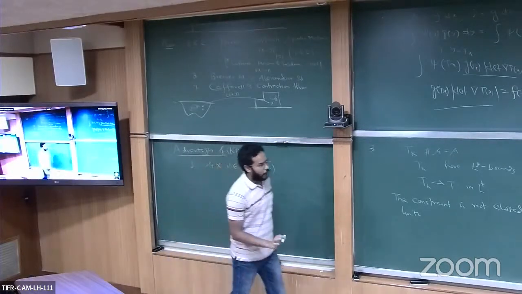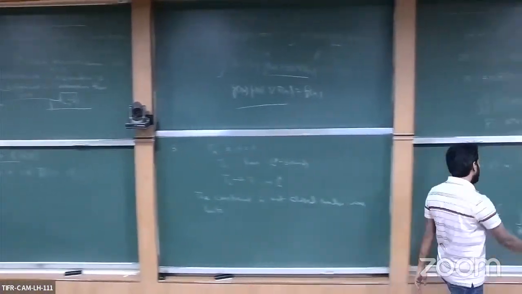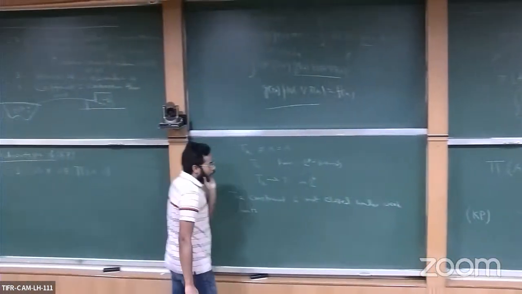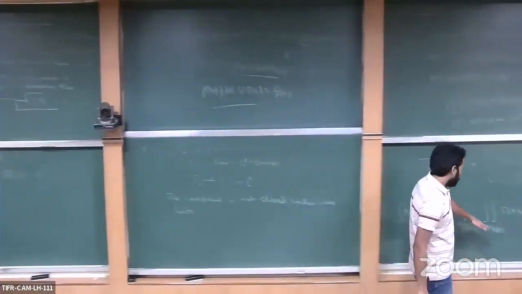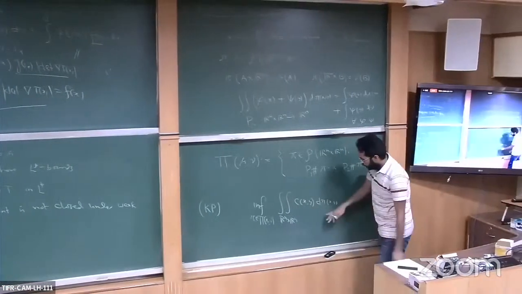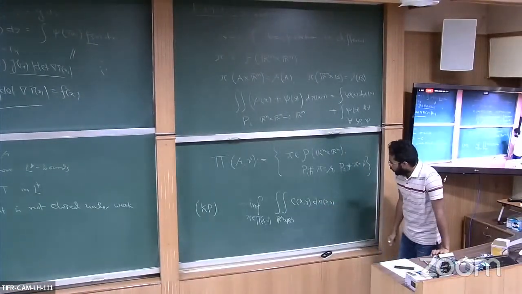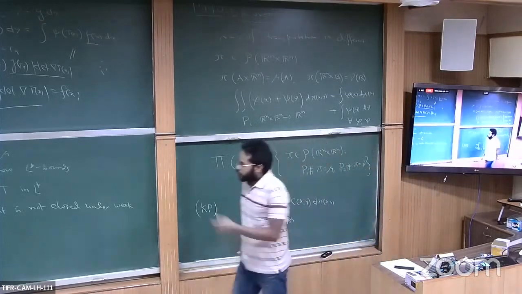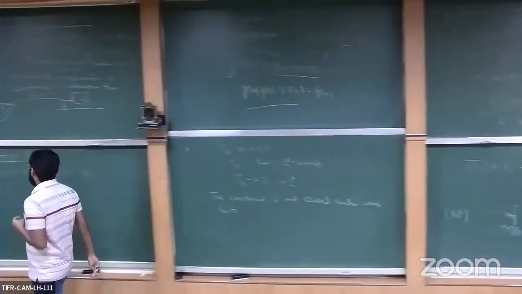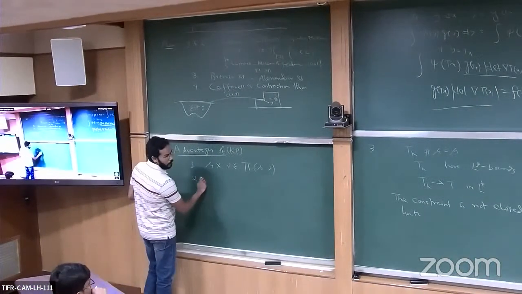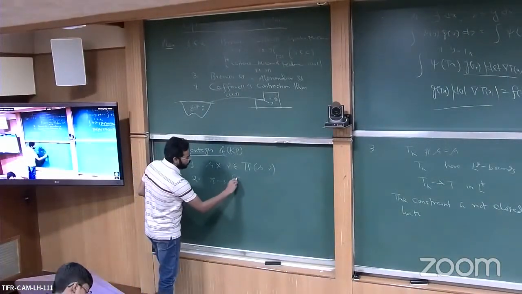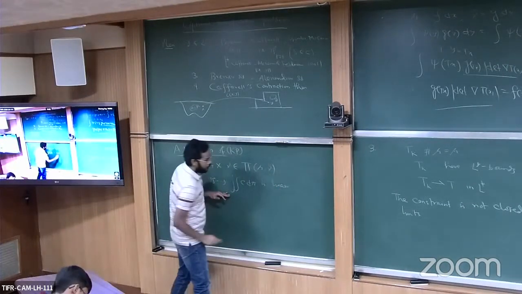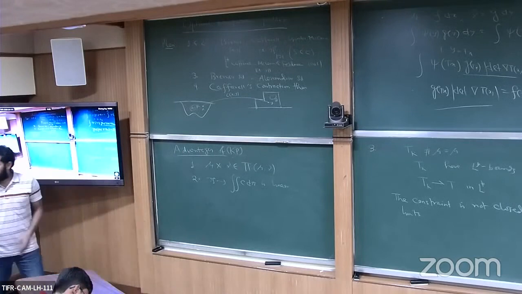And if you assume, say, c is bounded, then the infimum is finite. The second is that this is a linear optimization. You are minimizing over pi, and with respect to pi this is just linear, and therefore it is stable under weak limits.